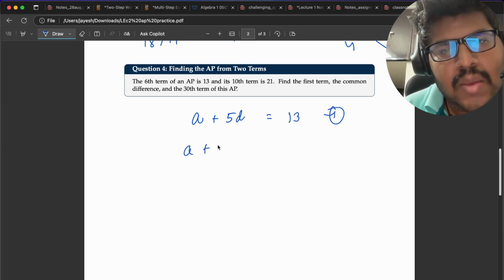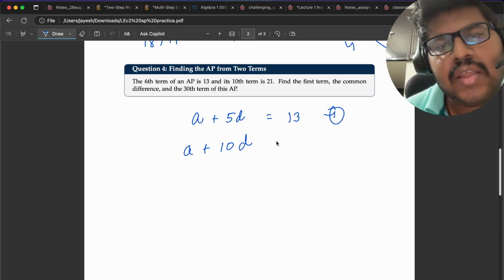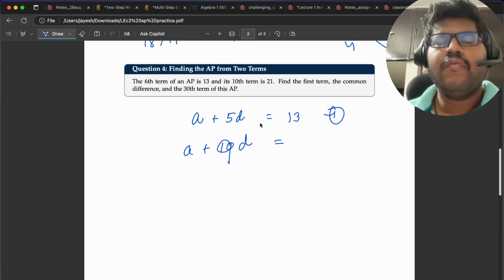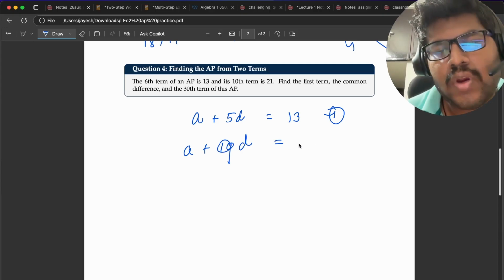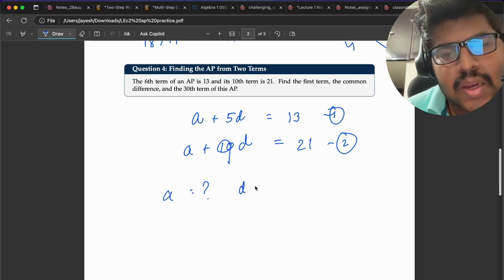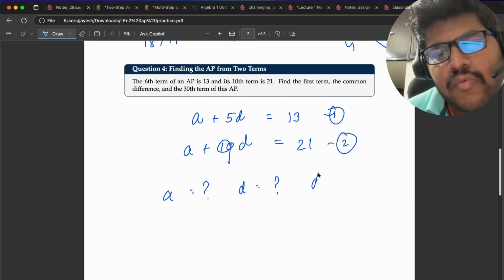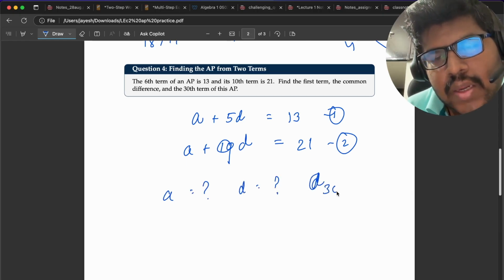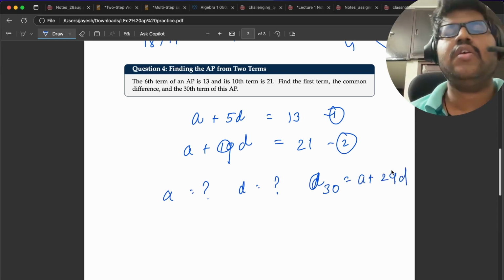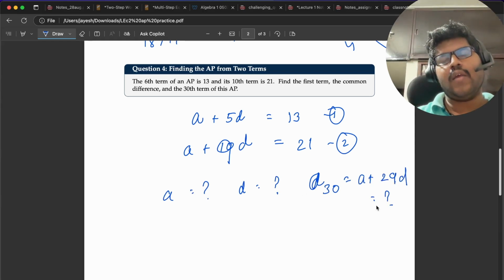The 10th term is A plus 9D, not 10D, because it is one less than the term number, and it is 21. Then we have to find A30, which is A plus 29D, right?